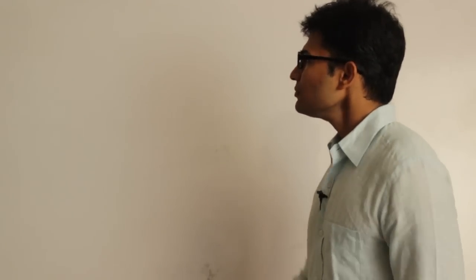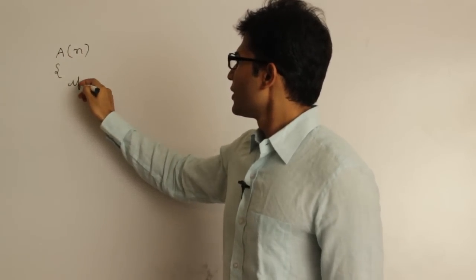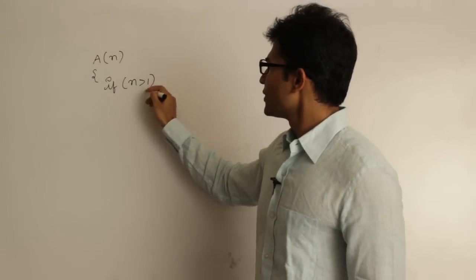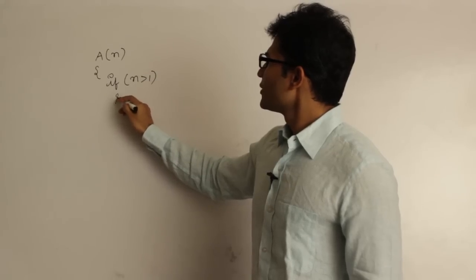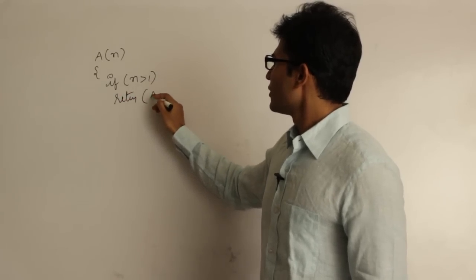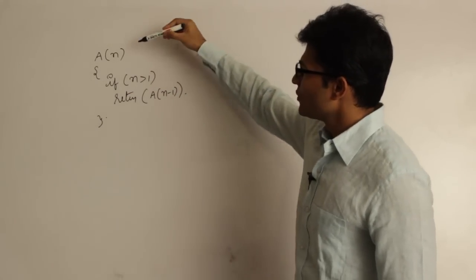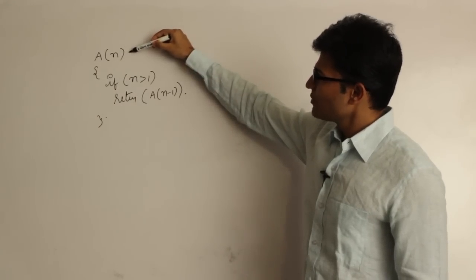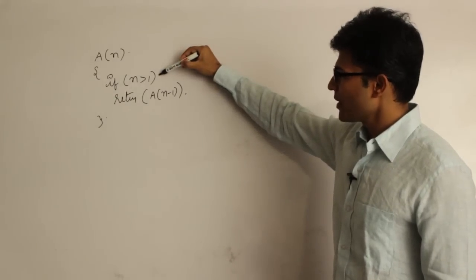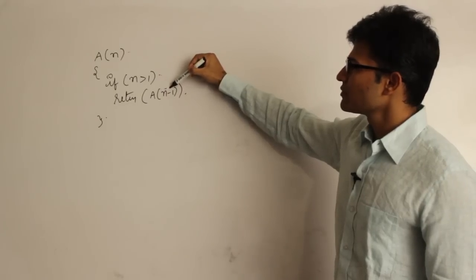See, one way of solving this is, assume that the function is like this: A of n, if n is greater than 1, then return A of n minus 1. If you assume that the time taken for A of n is T of n, then that time is some constant time for this comparison, and after that the time taken to solve the problem on n minus 1 inputs.